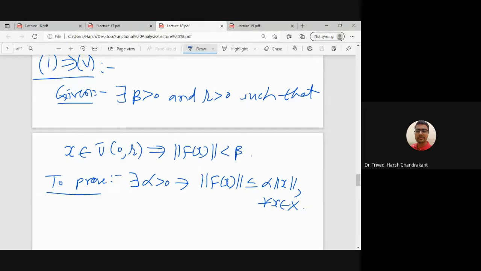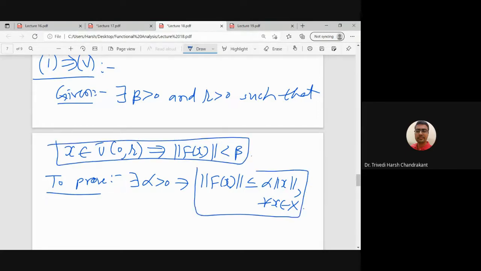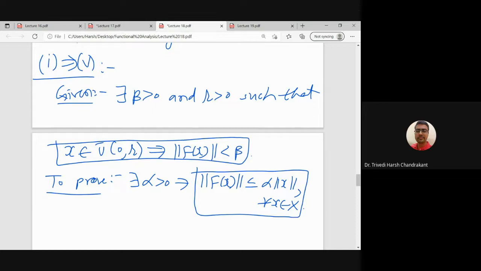So this is given, and we want to prove this condition. Obviously r and beta are given and we need to find alpha. So our alpha will depend on r and beta.